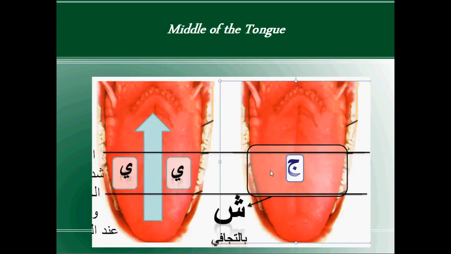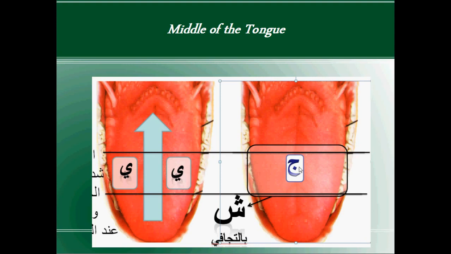We have the letters jim and sheen. They're pronounced from this portion of the tongue. And ya. Now remember, we talked about a ya from the jawf. That ya is only ya sakin with a kasra before it. Any other kind of ya is from here, from the middle of the tongue, going up and hitting the portion of the mouth right above it.